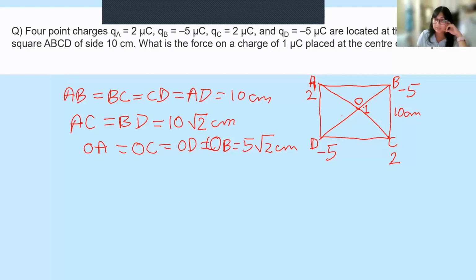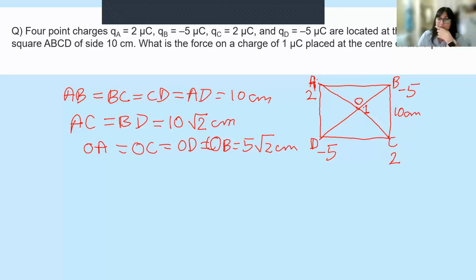Okay, now if you consider B to O and D to O, the force on the charge at O due to charge at B is going to be the same in magnitude as the force on the charge at O due to charge D. Okay, there is attraction between O and B, and there is attraction between O and D, so it will start getting attracted to both sides.